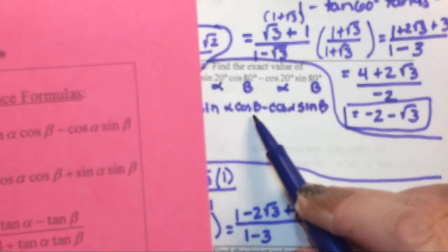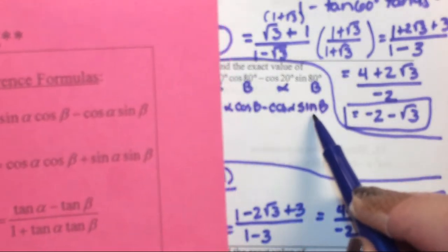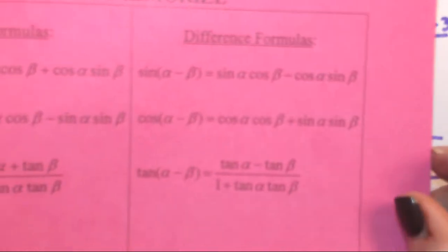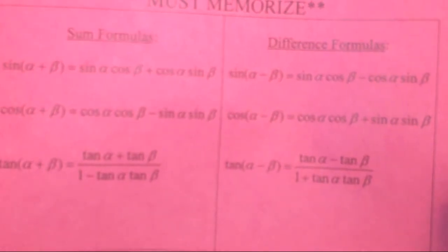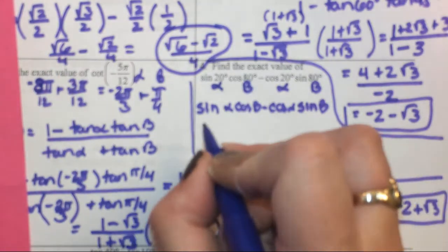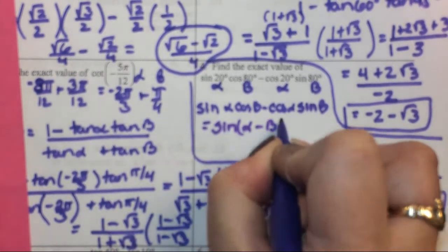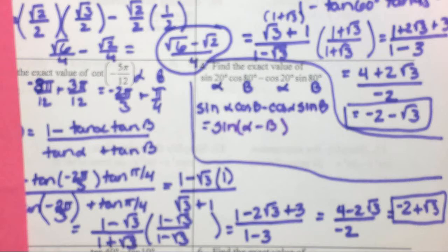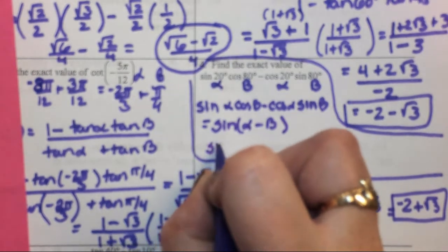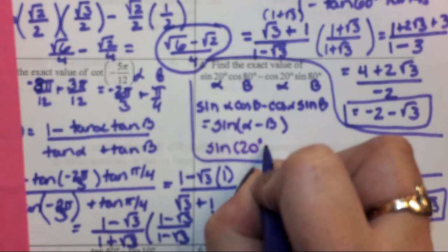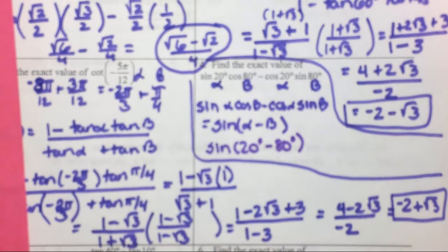Sine alpha, cosine beta, cosine alpha, sine beta. Sine sum or sine difference? Difference. So this is coming from my sine of alpha minus beta formula. So you need to recognize which formula this is coming from. Which angle is my alpha? 20 degrees. So now plug in sine of 20 degrees minus 80 degrees.